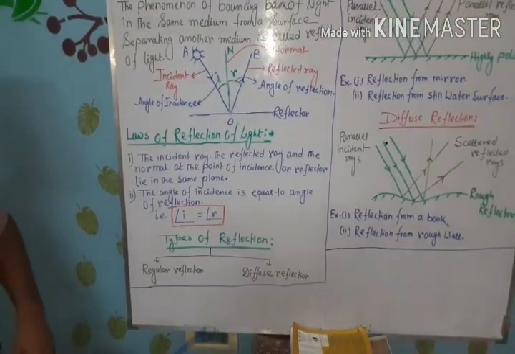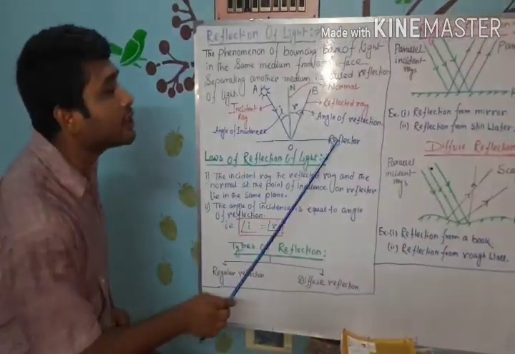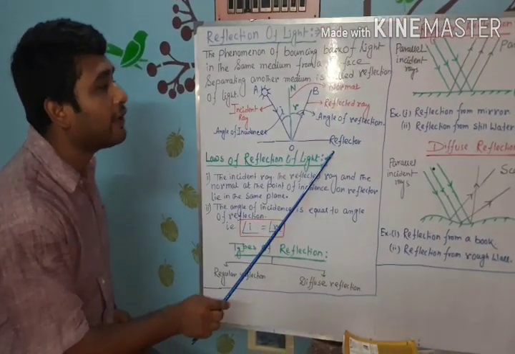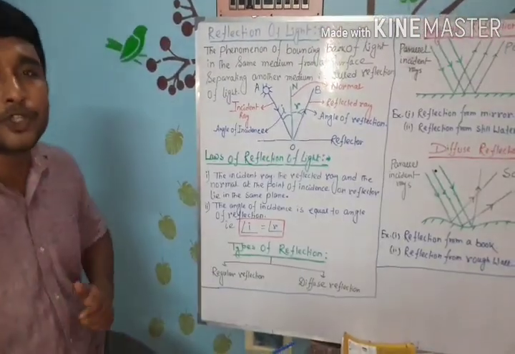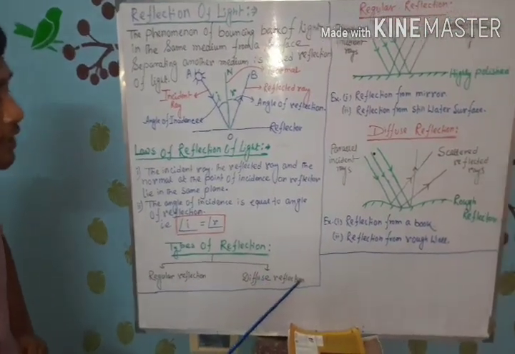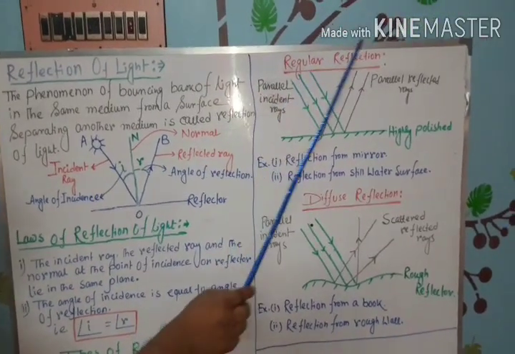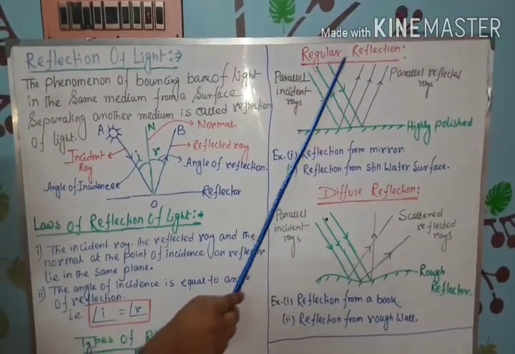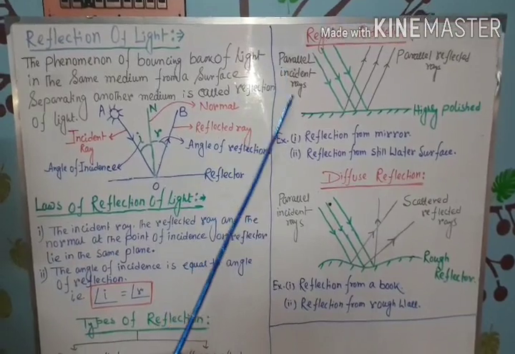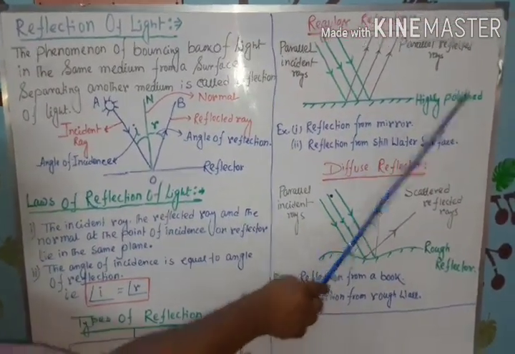Next, we have to know the types of reflection. Depending on the nature of the reflector, the reflection of light is classified into two categories. Number 1, regular reflection, and number 2, diffuse reflection. First we have to know about regular reflection, for which the reflector should be highly polished like a plane mirror.